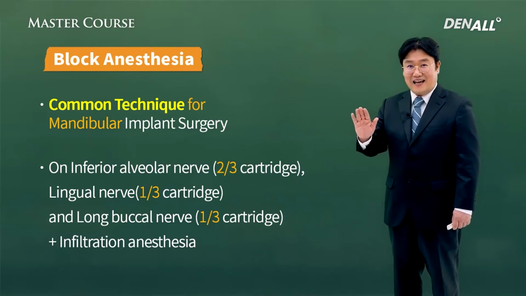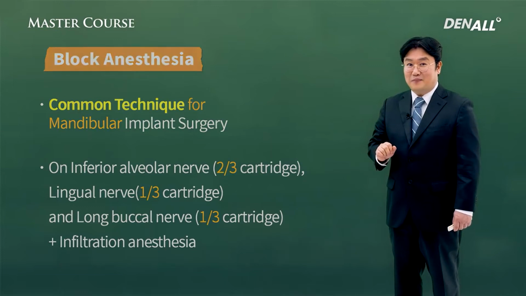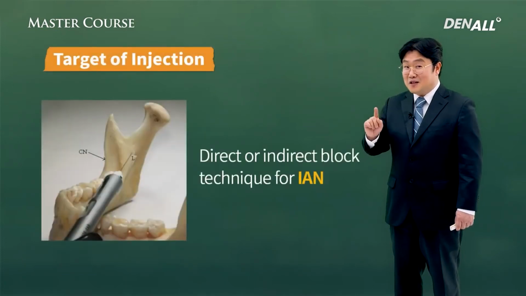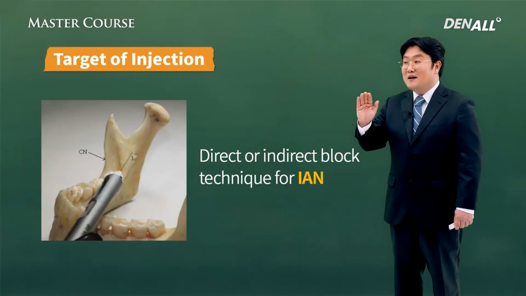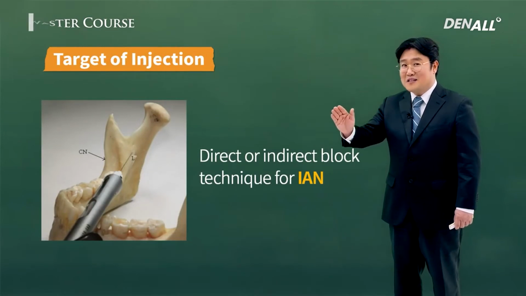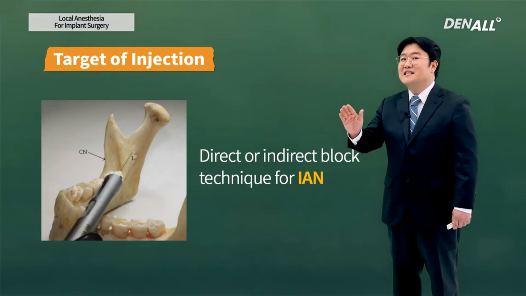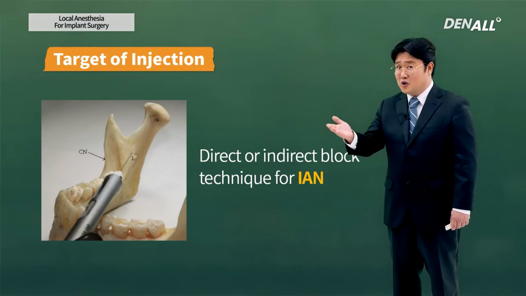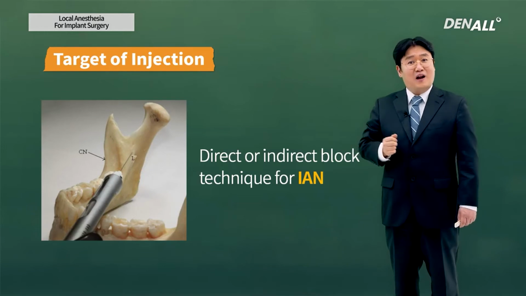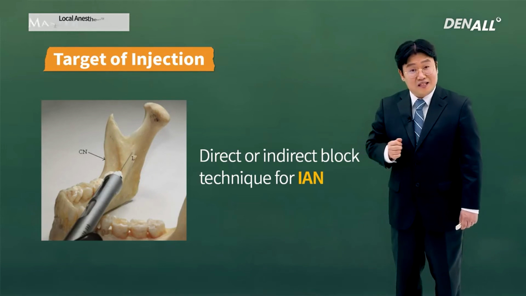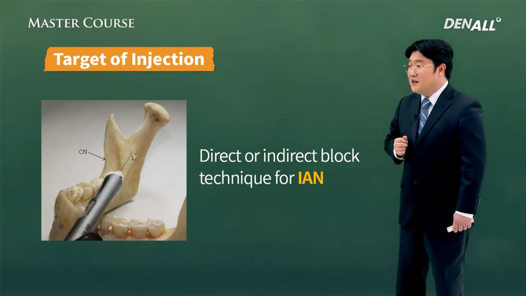This is the most common anesthesia technique for the mandible. You need to find and inject anesthetics at the location right before the inferior alveolar nerve goes into the mandibular foramen to enter the mandible. This is the inferior alveolar nerve block anesthesia.